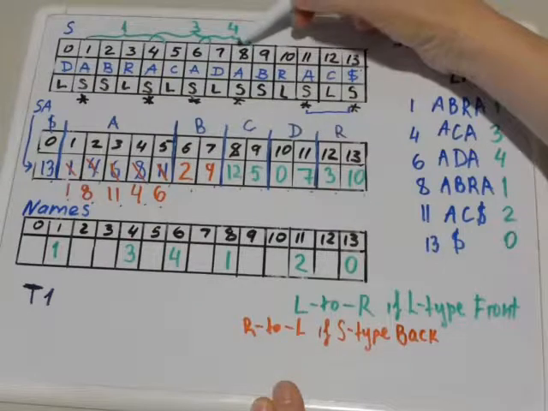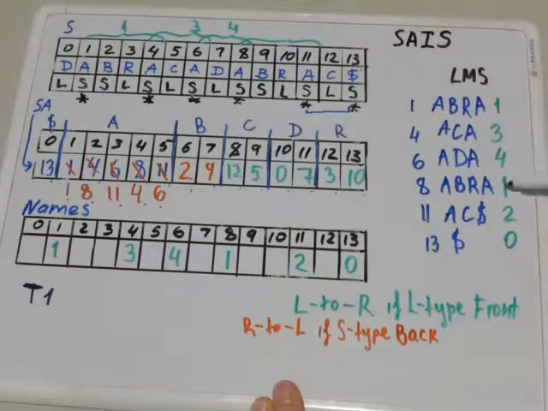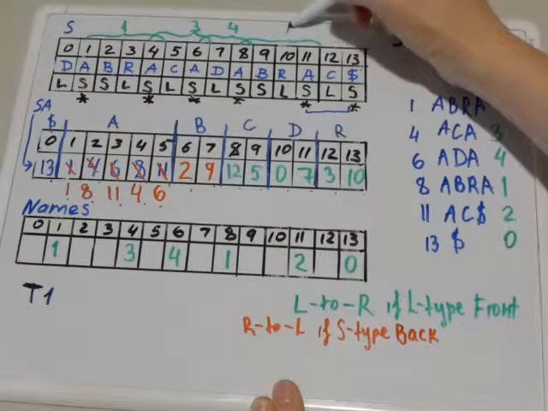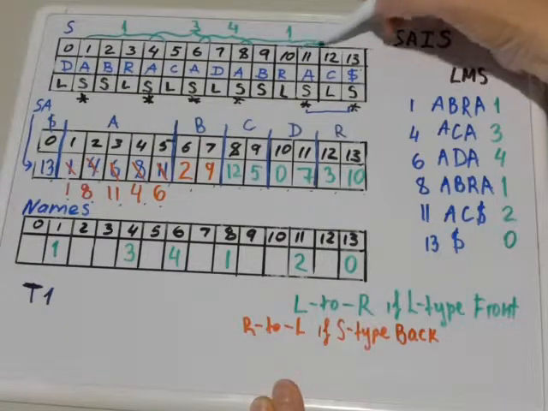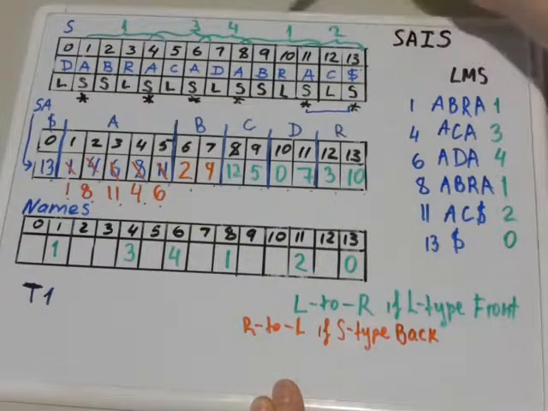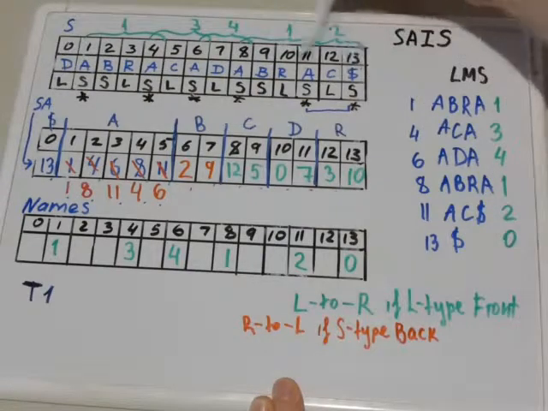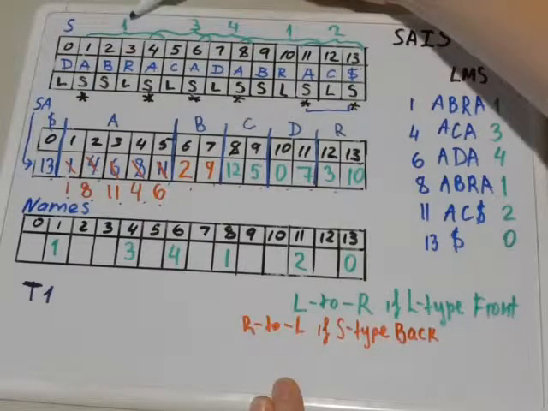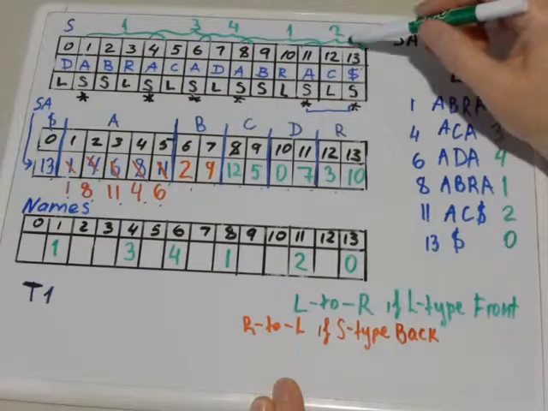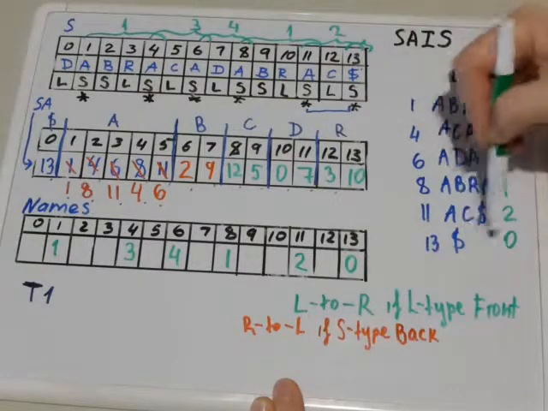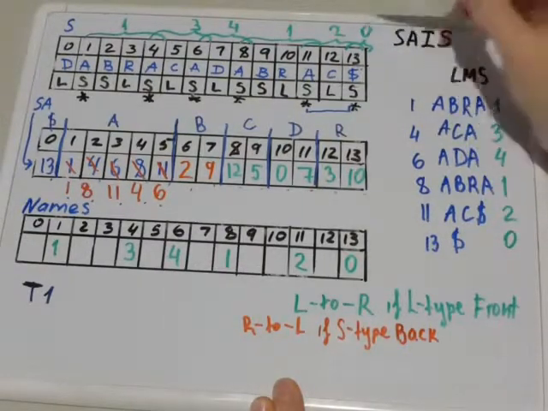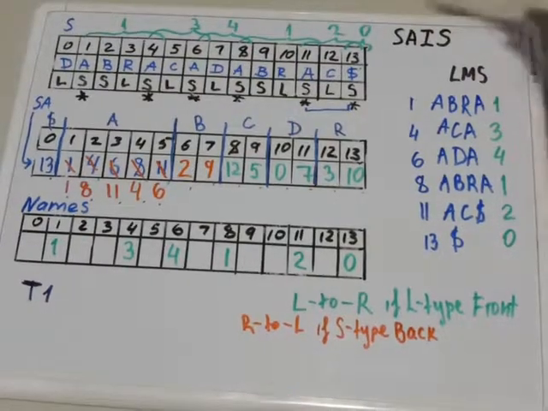Entire Abra will be replaced with the name 1, and finally AC $ will be replaced with name 2. So as you can see, we contracted the original string S into a smaller string. I didn't finish actually. The last substring, which is only one character $, is assigned name 0. Any string will always end with 0.